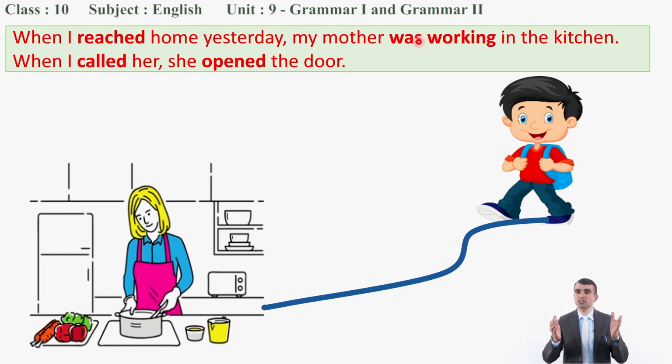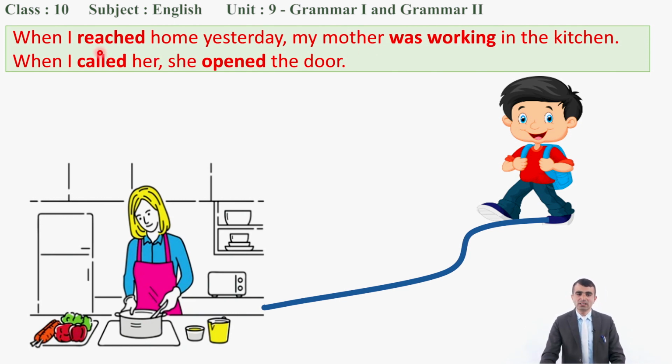A situation is also called a circumstance. Situation, setting, circumstance. One circumstance: my mother was working in the kitchen. And what happened at that time? One event happened. That is what? I reached home.